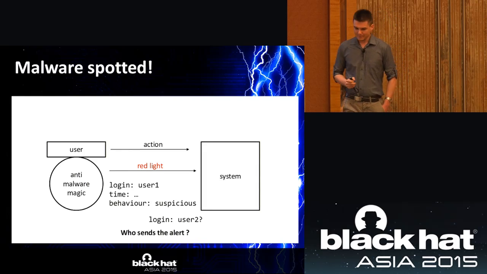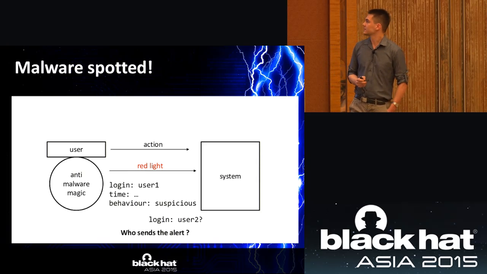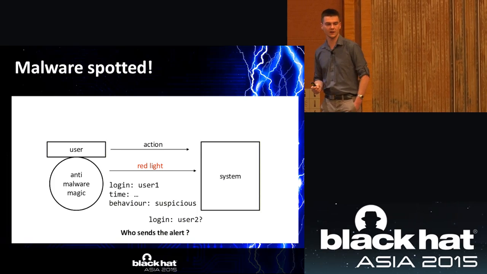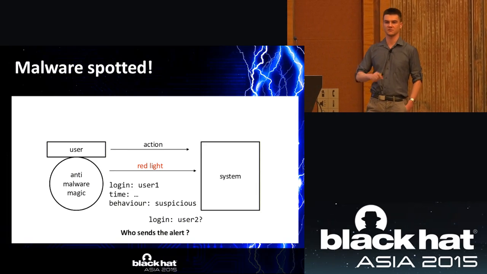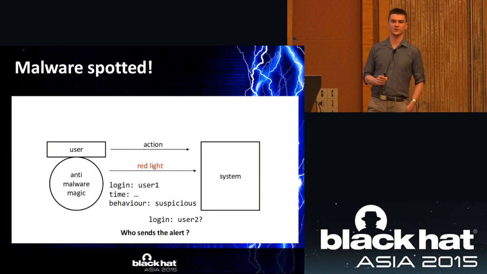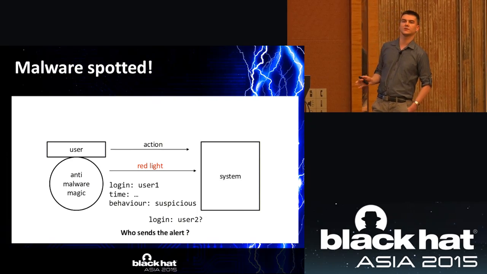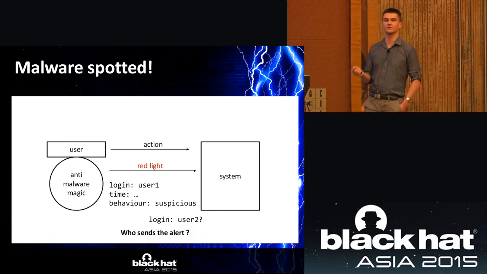Okay. In one of the solutions, we found that when the malware was spotted, an alert was sent. And it was actually strange because the alert was generated on the client machine, on the client browser. There was some really good obfuscation there. It was obfuscated, then some base 64, XOR, and so on.